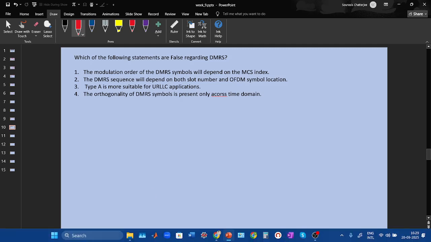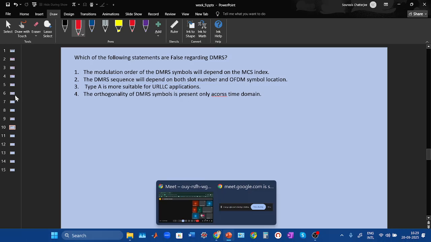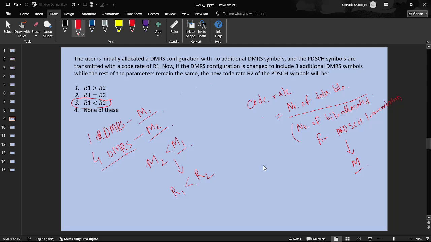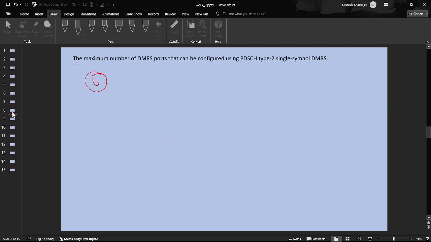Sir, one question. For the previous question, regarding the Type 2 maximum ports, which table do we need to refer to in the 3GPP document?